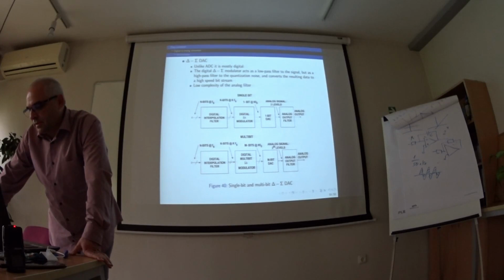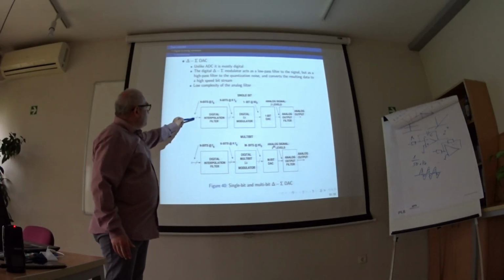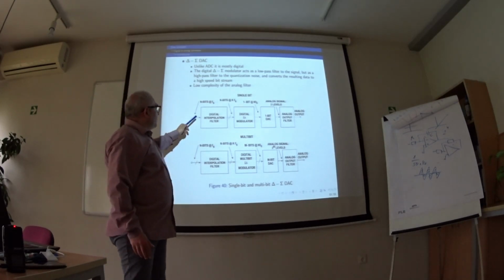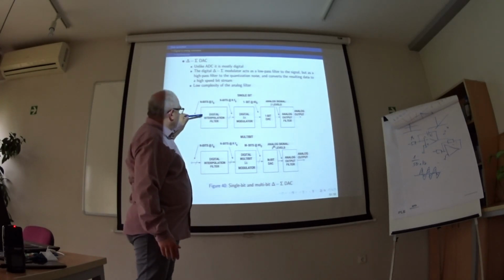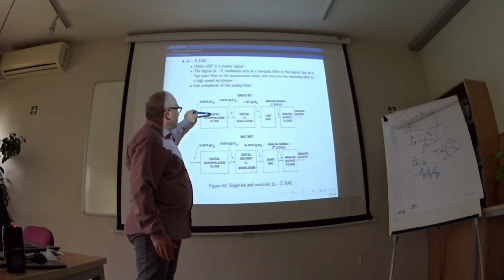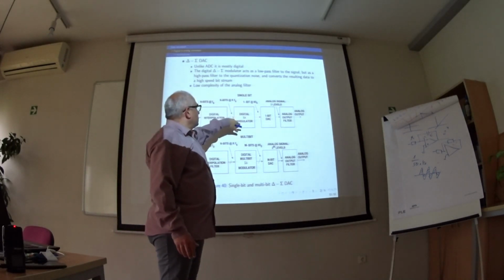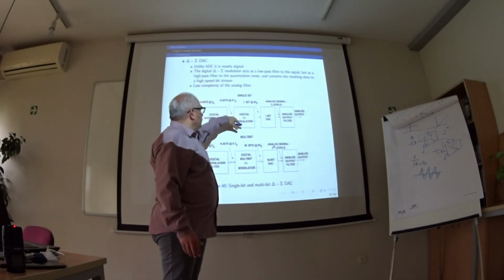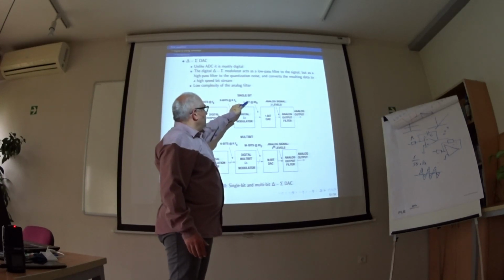Now it is the opposite. Here is our digital code. We increase the sampling rate by interpolation. And this digital delta sigma modulator is realized in software, and at the output we have very high speed 1 bit data.